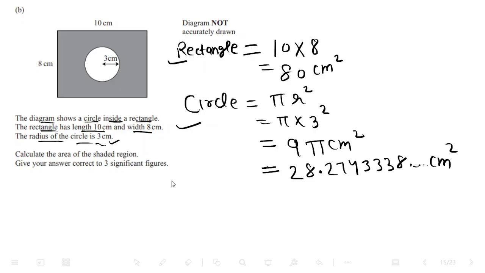So the rectangle is 80 minus 28.274338, and after subtracting, the answer will be 51.725 and so on. Now see what is exactly happening. They are asking for three significant figures. Can you tell what will be the answer for three significant figures?